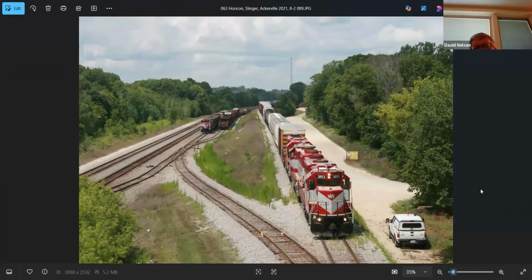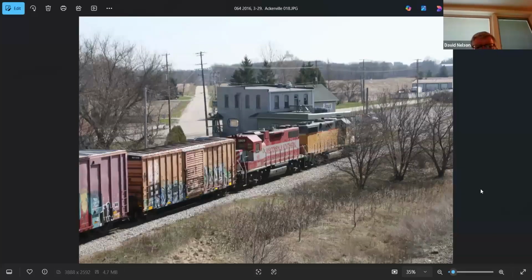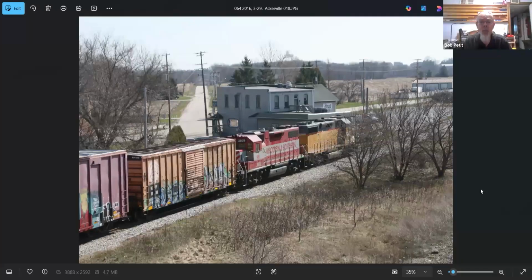It's heading for North Milwaukee. But it has work to do down in that little yard because there are cars probably for the Canadian National. So it goes forward and it's going to be backing up to drop off its Canadian National cars.